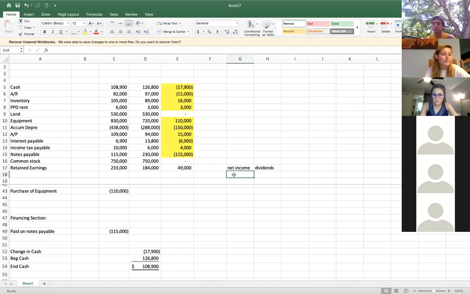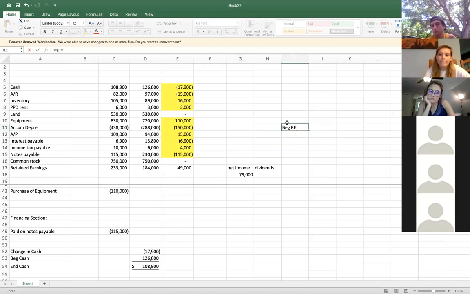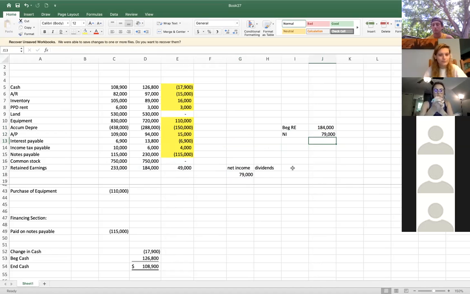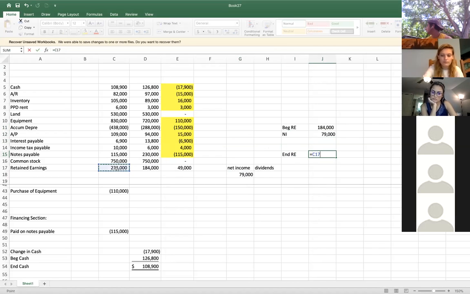Net income is 79,000. So if my beginning retained earnings was 184,000, net income was 79,000, and ending retained earnings is equal to 233, then what did dividends have to be?